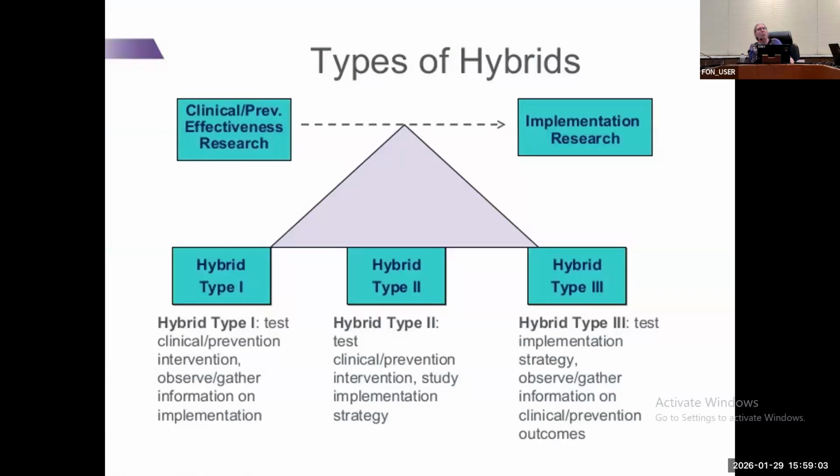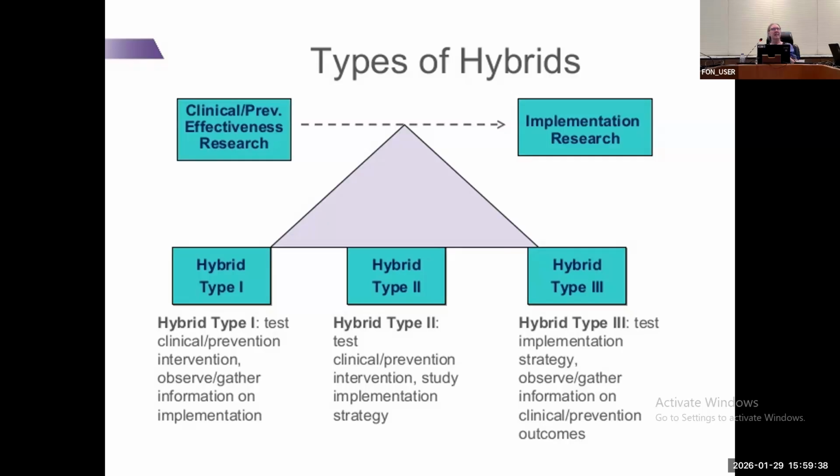So hybrid 1 is where we're focused a little bit more on the pragmatic clinical trial or the effectiveness research. So I would say 75% is focused on the effectiveness research. What you're doing here is your main aim of the study is, does the intervention work in a real-life setting?